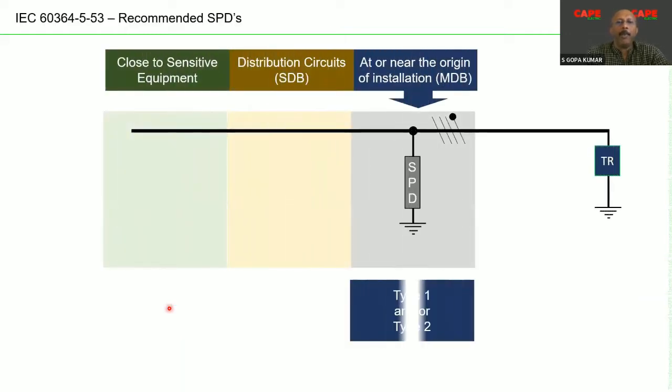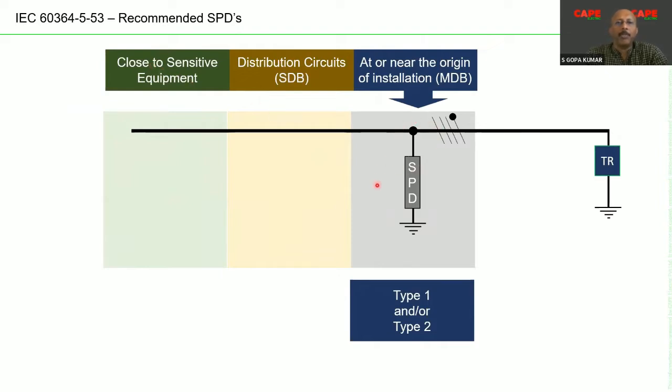In a power line, for example, at the main distribution board, at the origin of installation, whatever SPD we are using, now in the figure, what you are seeing is you have a transformer, you have a line coming from the transformer, the three-phase and the neutral, it goes up to the last equipment. You have it at or near the origin of installation, distribution circuits and close to sensitive equipment.